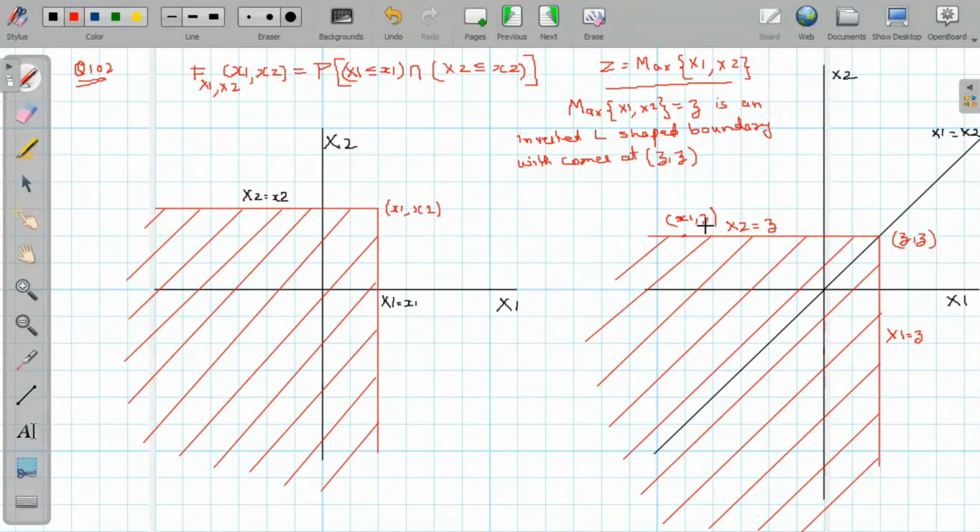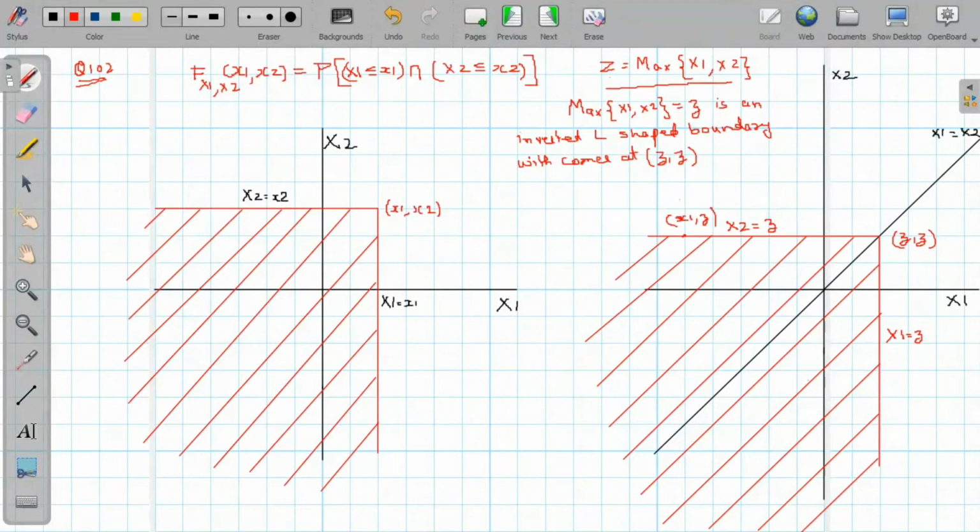You can observe here that at this point x1 is z, and as you move to the left on this line, x1 will keep on decreasing. So on this line, x1 has maximum value at this point, and as you move to the left, x1 will decrease below z.